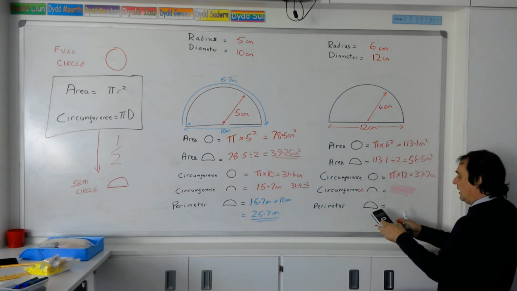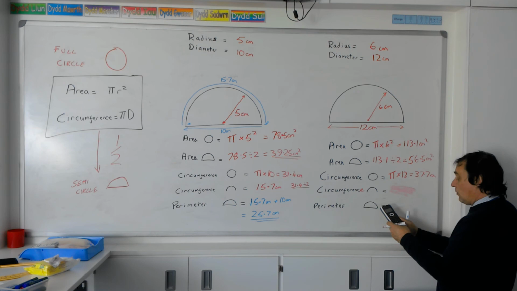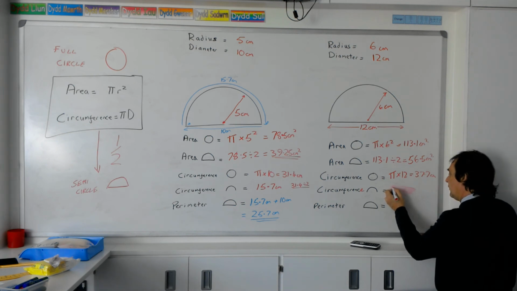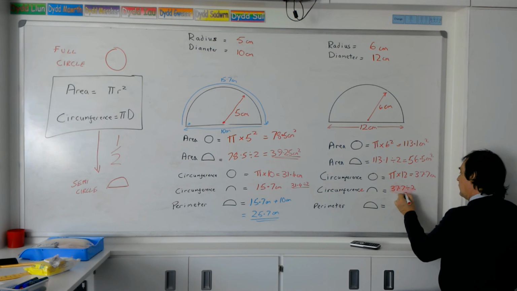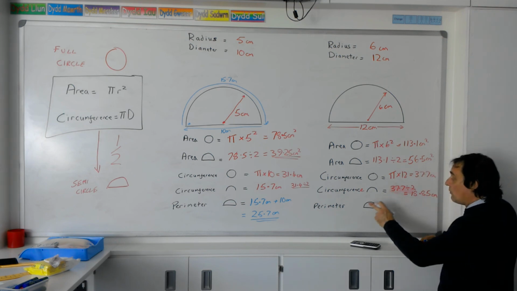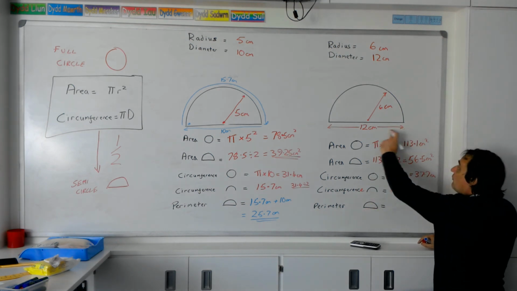That is going to be 37.7 divided by 2, which gives us 18.85, just to keep it accurate, centimetres. Finally, remember, for the perimeter we've got to add the flat bit on as well.